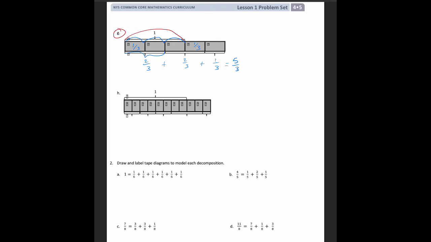And we do want to write both the improper fraction. This one's improper because the 5 is more than how many you need to make a whole. So altogether this got 1 whole one and then these 2 more jumps, right? So 1 and 2/3. Here's my number bond. 1 and 2/3. 2/3 plus 2/3 plus 1/3.